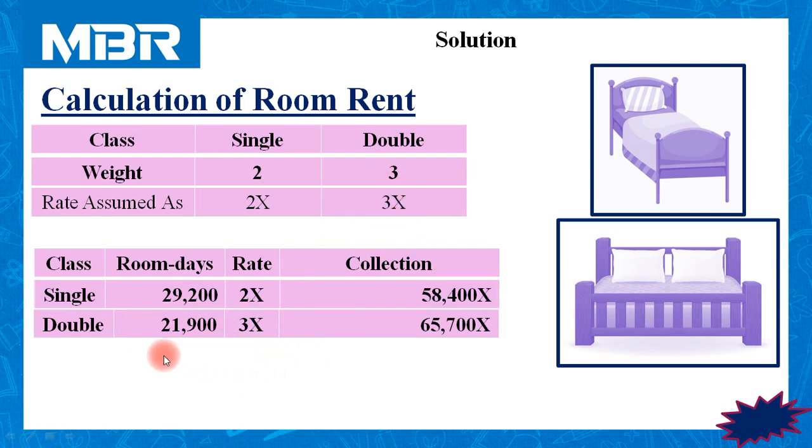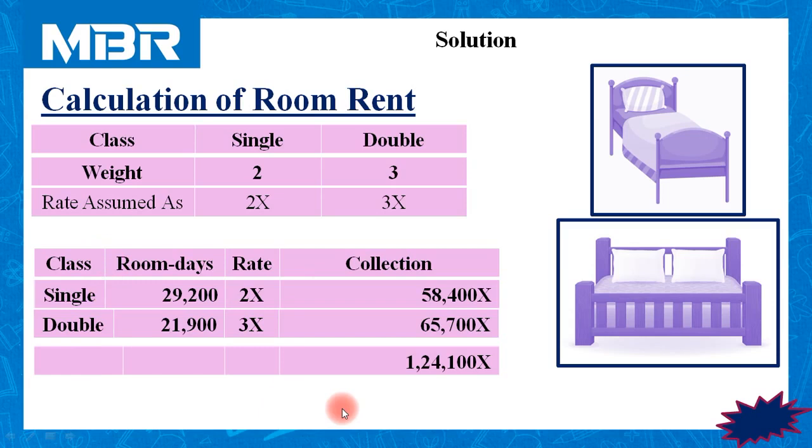So 21,900 multiplied by 3x equals 65,700x. In this way, the hotel has collected rupees 1,24,100x throughout the year from the single room variant and double room variant.